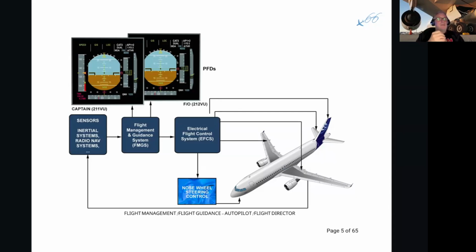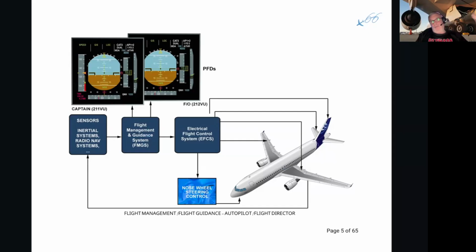So this is an app within the FMGC, which takes all the parameters, all the sensors from the aircraft, the inertial systems, the radio nav systems, passes them on to the flight guidance system of the FMGC, and then puts them into use.